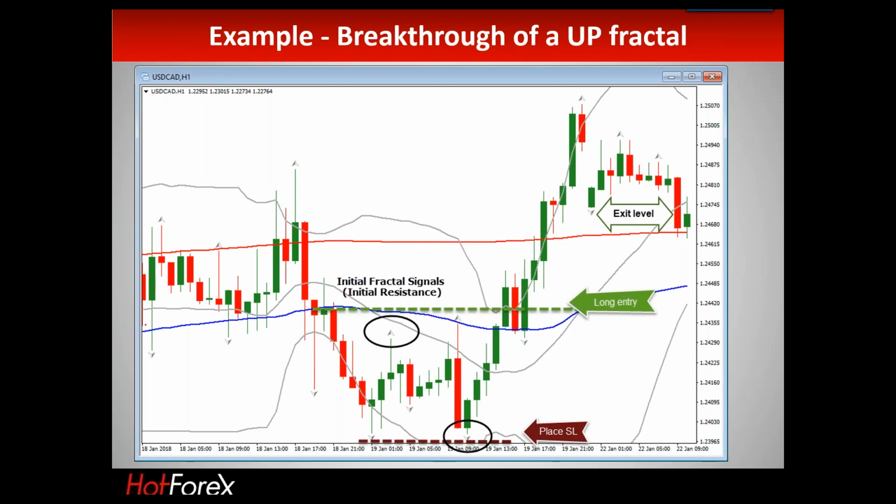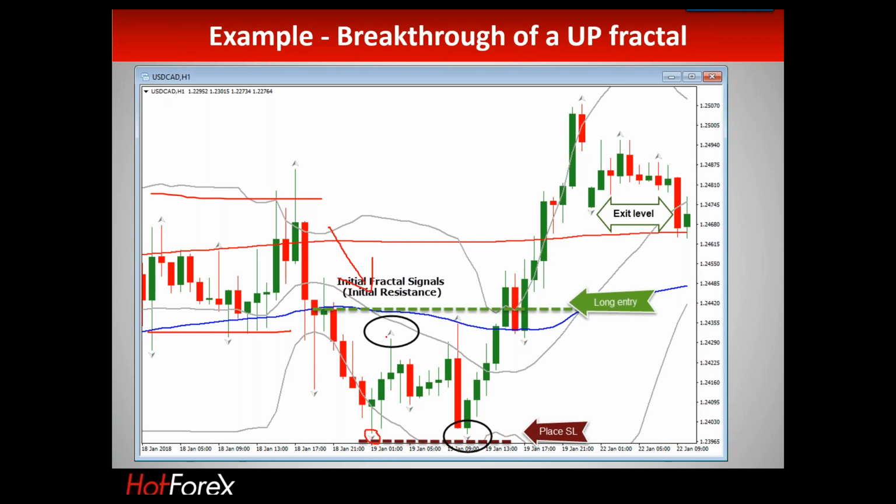So we are initially in a ranging market, then we were drifting lower. We have seen a downtrend channel going down and down and down. Then we have seen this low fractal over here.